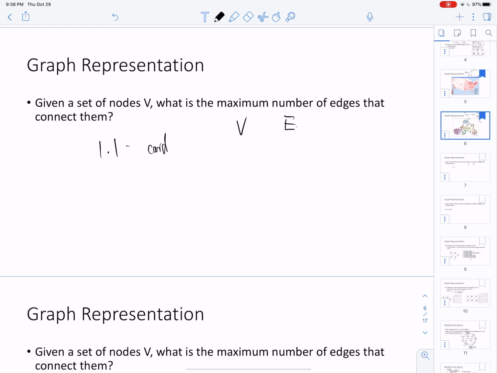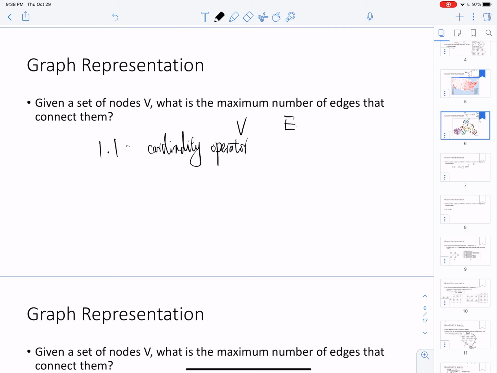This is the cardinality operator. I think you should have learned it in discrete math. The cardinality operator basically tells you how many elements there are in a set. So it is like a count over the set, or the length of a set. You can take it that way.